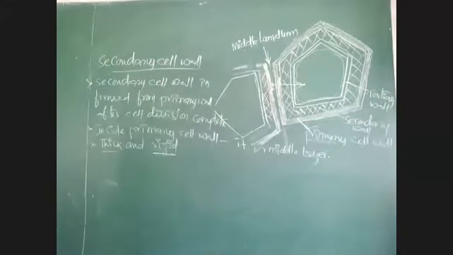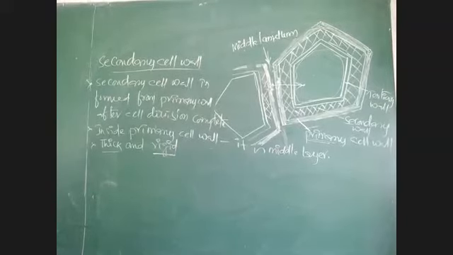Secondary cell wall is thick and rigid, and it is composed of cellulose and other polysaccharides.